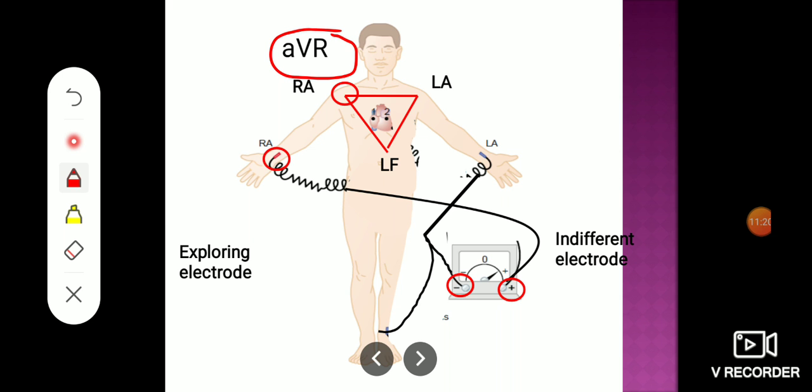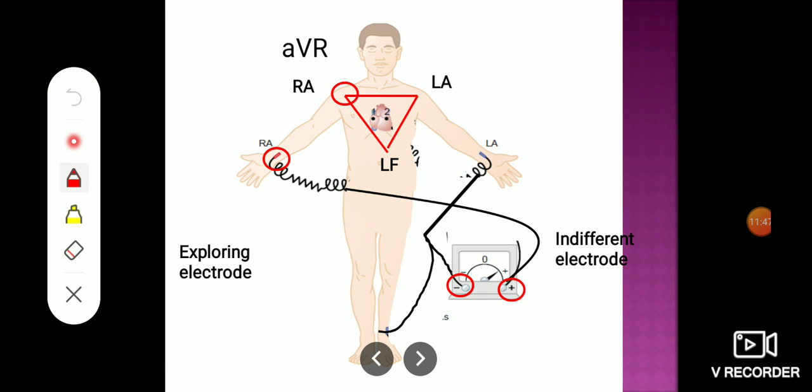So now this will be looking at the heart. You can see it's looking at the heart from this direction. We know that the direction of electrical current is like this, so all the potentials are going away from this electrode. If you recall the basic principle of recording an electrocardiogram, if the potentials are coming towards the positive or active electrode, it will draw a positive deflection.